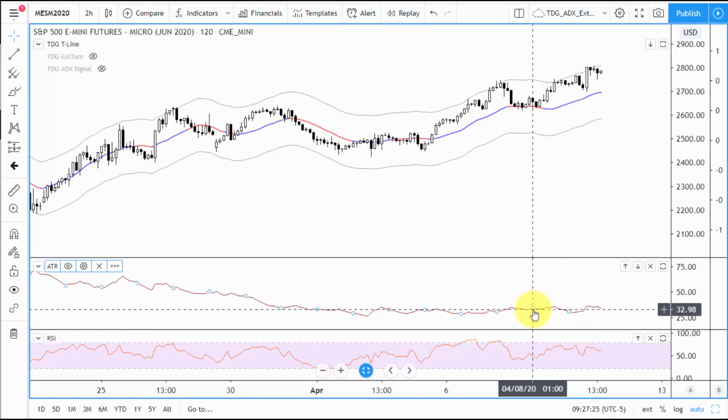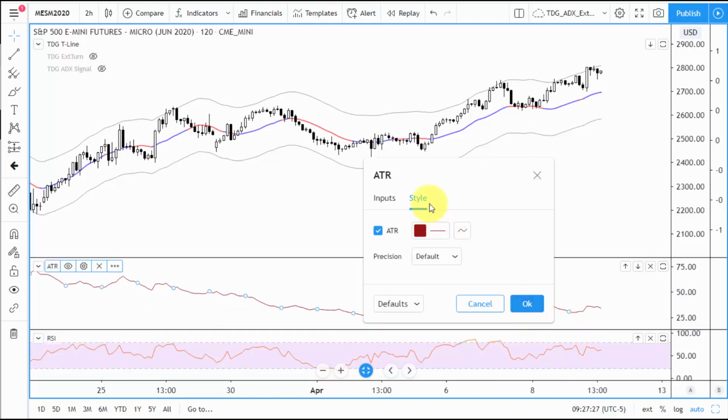So the ATR right here is what we want to look at, and I've got the ATR set to 14 periods. I typically use 7, but here I'm going to go out to 14 so it reduces the smoothing. And then we can go with the SMA as far as the simple moving average.